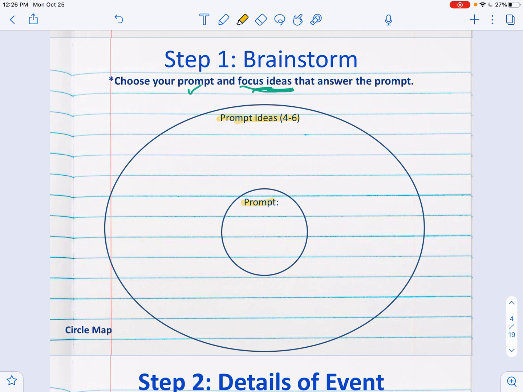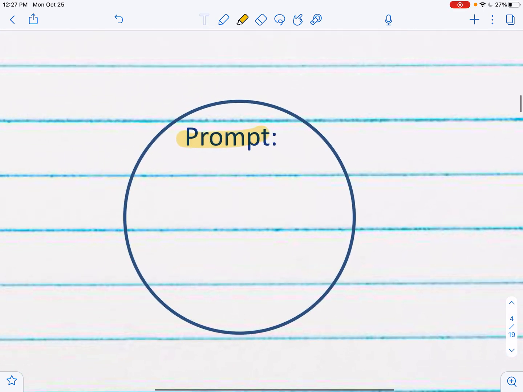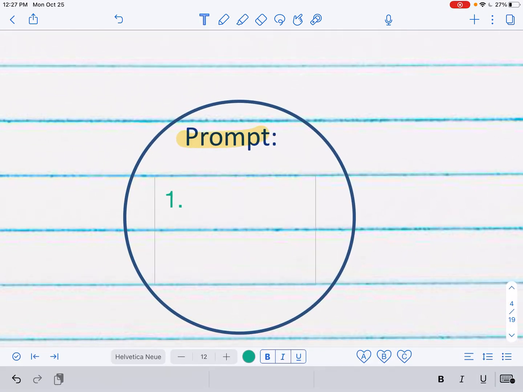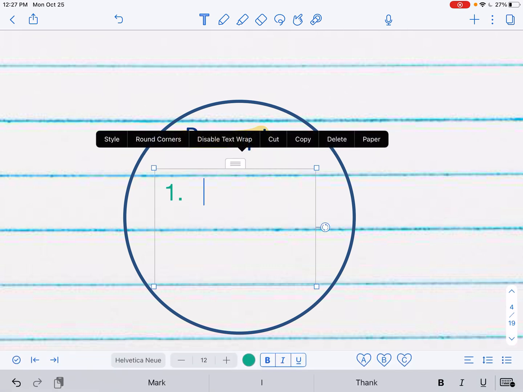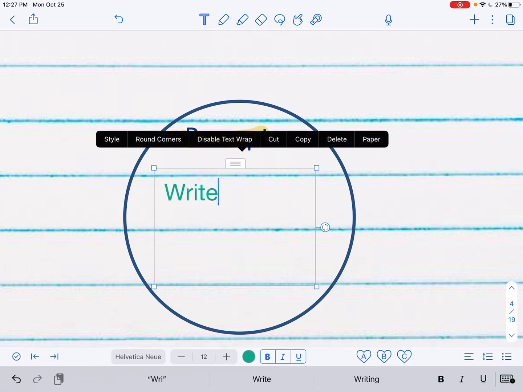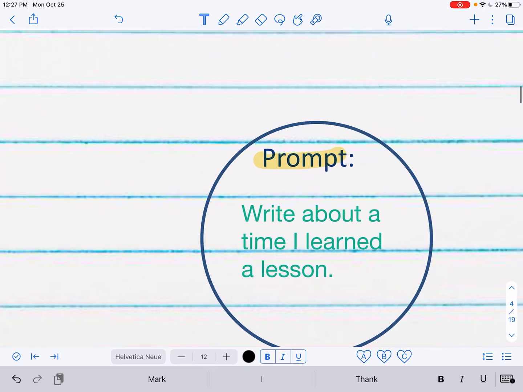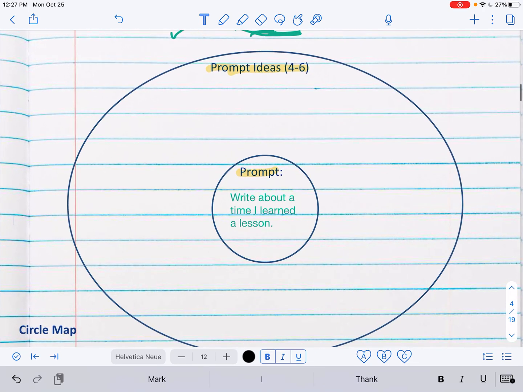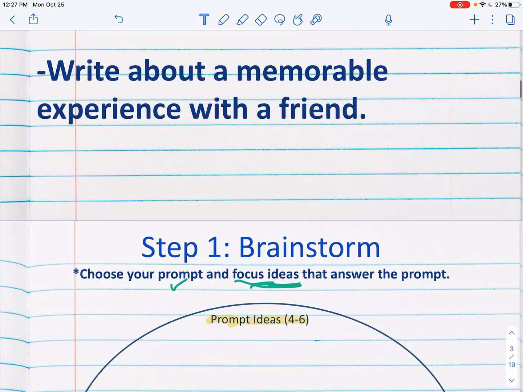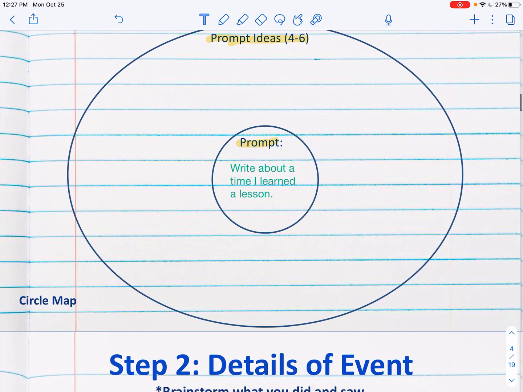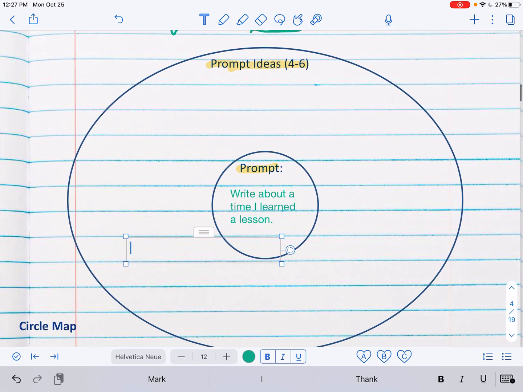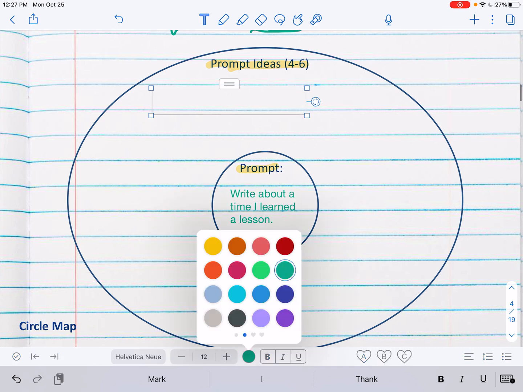As you can see, it represents 2 circles. In the inside circle, we're going to write down what prompt we chose. So my prompt is, write about a time I learned a lesson. All right, so I need to come up with 4 to 6 different ideas.